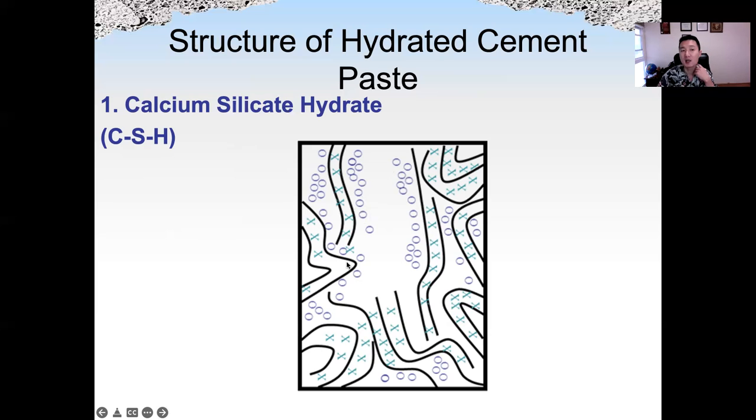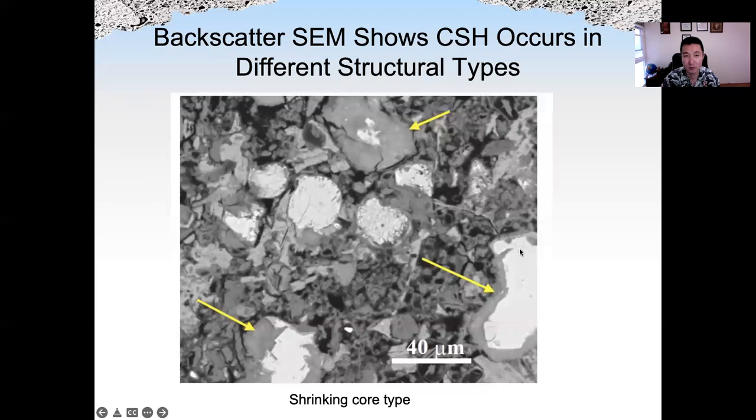Okay. So CSH is a layered structure. This is a scanning electron microscope picture, which shows CSH in different structure types.